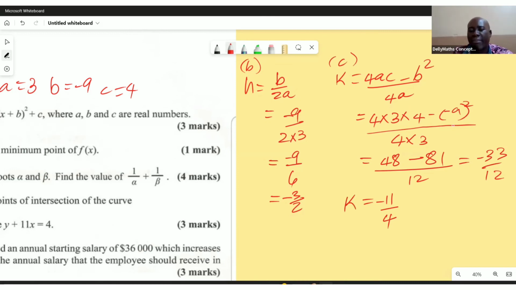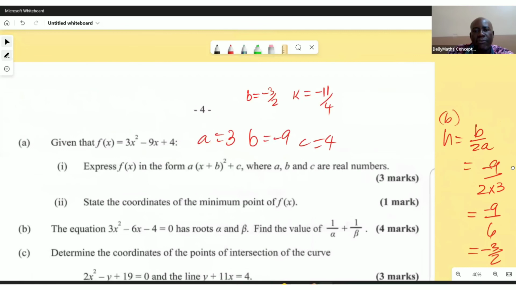Now, since I have that b value there, which is the h, which is negative 3 over 2, and I have that k value there, which is negative 11 over 4, then I can simply just write it in the form.